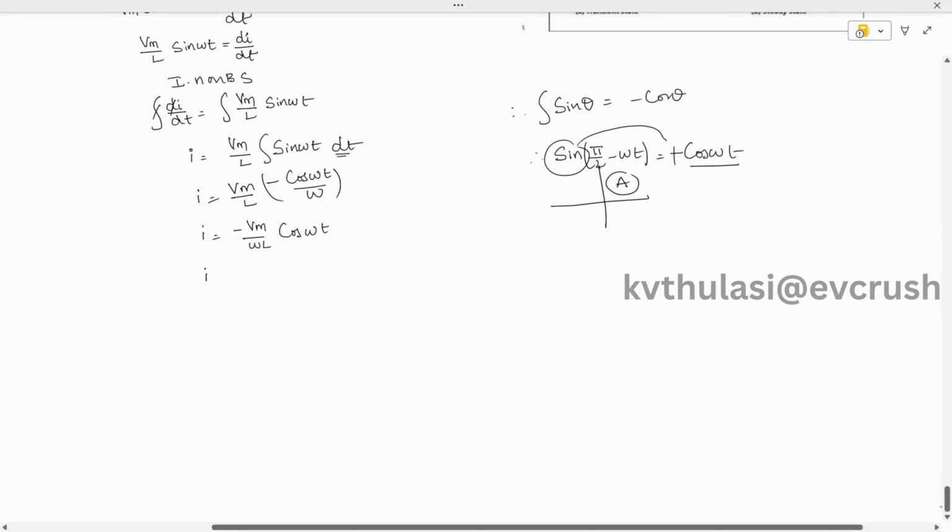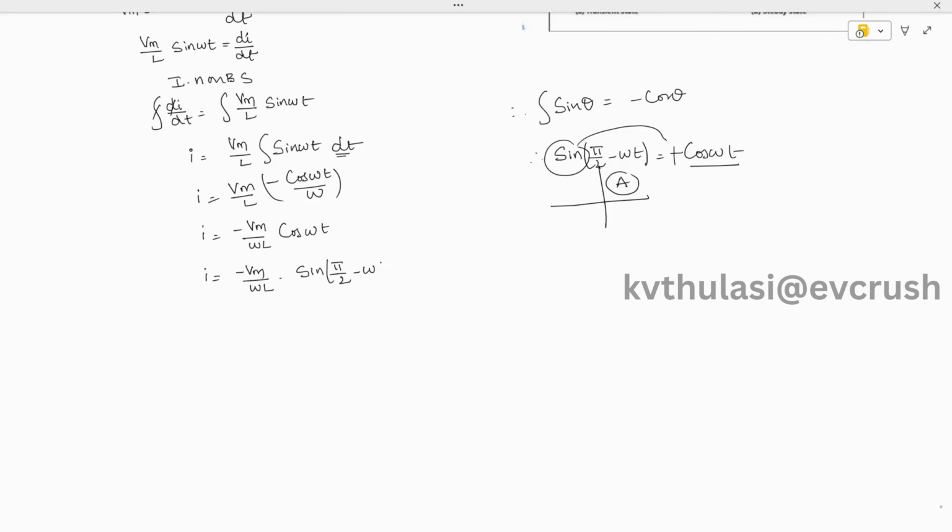Therefore, I is equal to minus Vm divided by omega L into sine of pi by 2 minus omega t. Just multiply the minus inside the sinusoidal value. Therefore, I is equal to Vm divided by omega L into sine of omega t minus pi by 2.